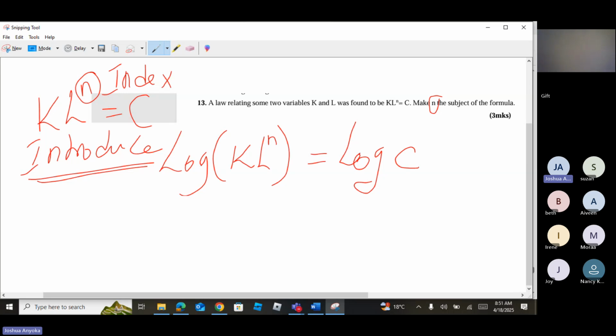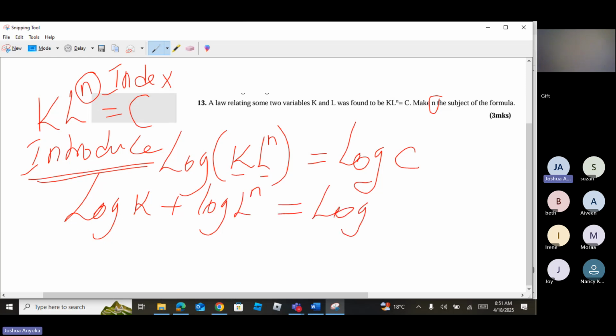Using the laws of logarithms, we are multiplying k and l. So using the law of product, it is log k plus log l power n, and this equals log c. We want to remain with what has n on one side.